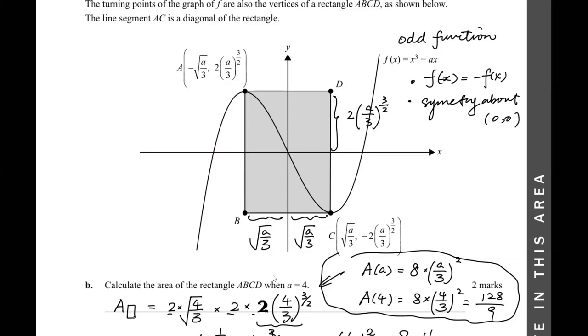Okay, so I would directly say, between these 2 points we work out the distance, but this line segment also goes through the origin 0, 0. So we can work out the distance from any one of the turning points to the origin and then double the distance, okay?